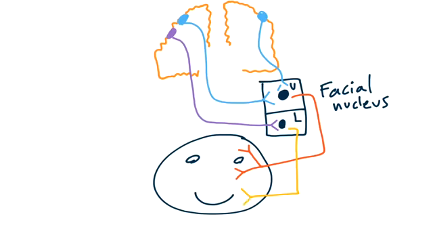We'll go through some examples later on in this lecture, but as you can see from this diagram, a lesion to the cortex would cause paralysis of the inferior aspect of the face.